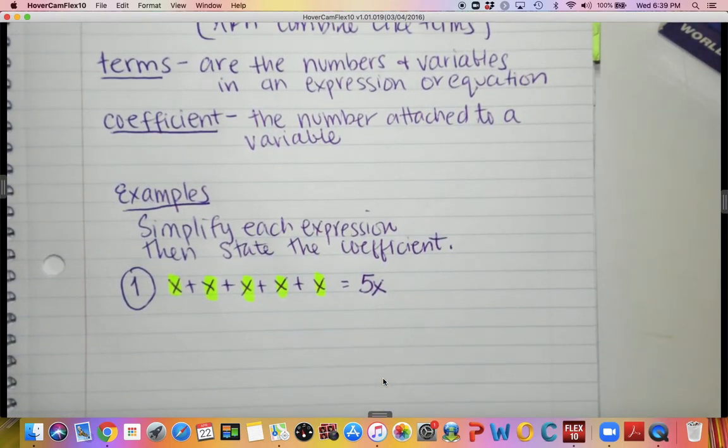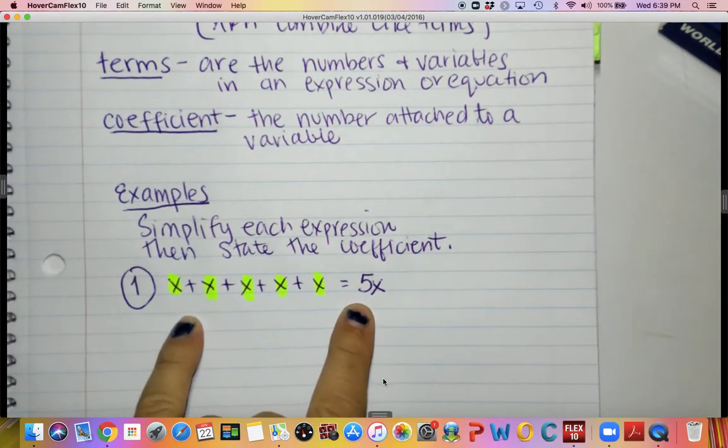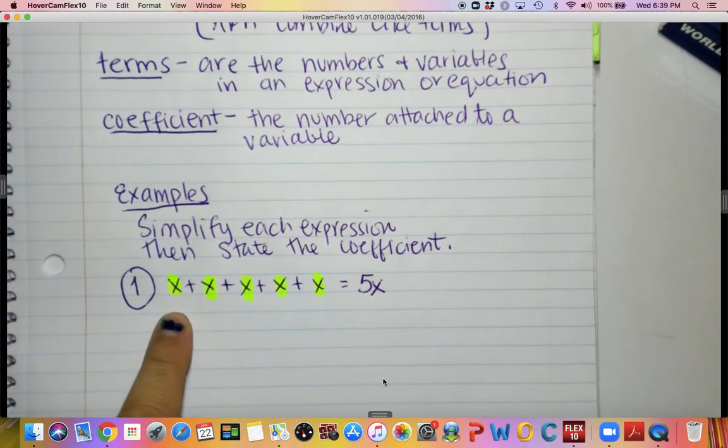And we know that multiplication is repeated addition. You've been doing that since second or third grade. So we know that 5 times x is the same as x plus x plus x plus x plus x.